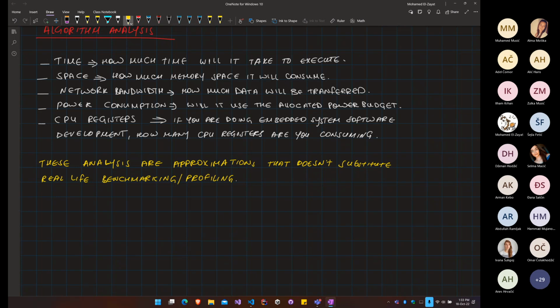Okay, so now that's out of the way, and we know exactly how we analyze an algorithm. In this semester, we will be mostly concerned with time, which is the most famous, at least in software engineering or computer science in general.